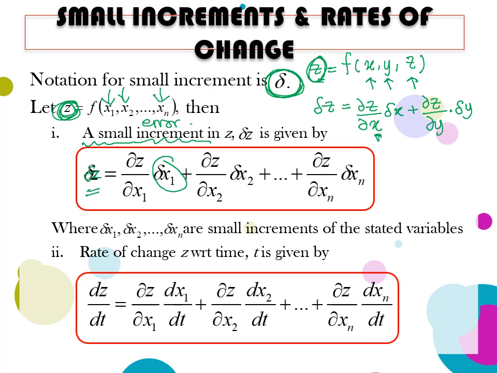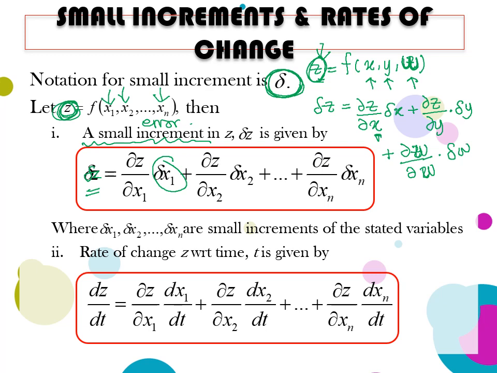And then the last one, plus partially differentiate your z with respect to z. I need to use a different letter here. We use w because we have assumed this as z, right? So w with respect to w, and then multiply with the increment of that respective variable which is w.